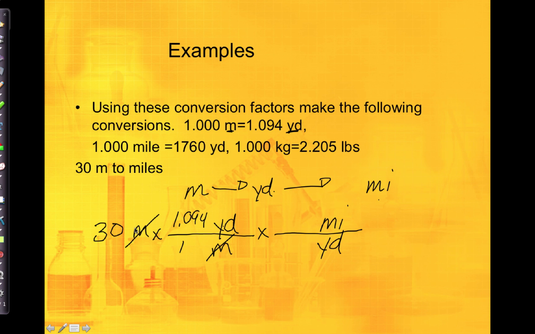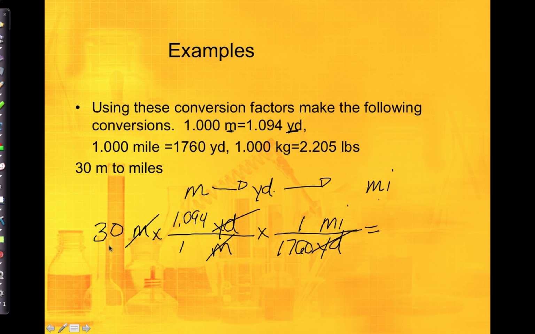So basically, as you're moving along, you'll see that this comes to the bottom, and this comes to the bottom. Alright, so now miles and yards. Well, 1 mile is equal to 1760 yards. So now that will cancel, and now I just do the math.